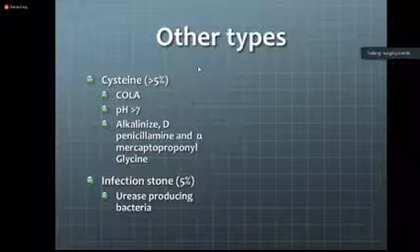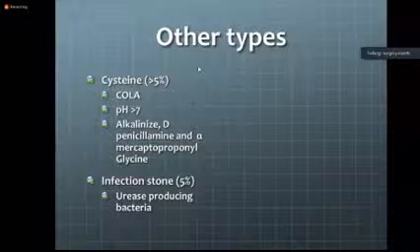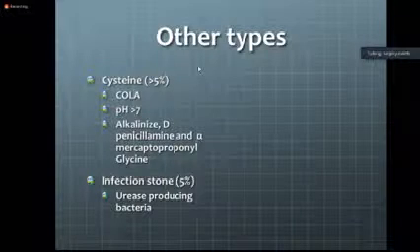Uric acid is followed by cystine, and cystine stones are an even rarer disease in which there is an error of metabolism related to 4 amino acids, and cystine is one of them. The others are ornithine, lysine, and arginine.